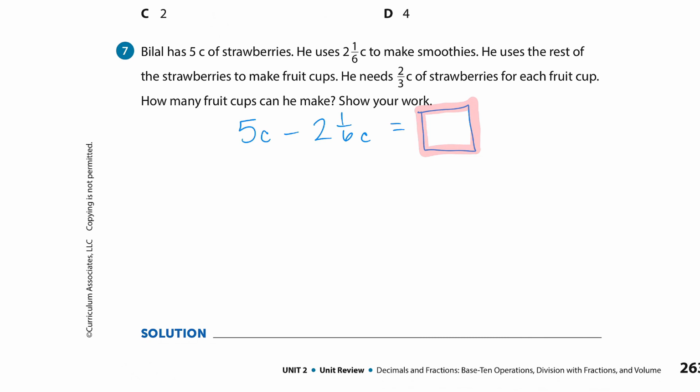Then it says he uses the rest of the strawberries to make fruit cups. So the rest of the strawberries is what you got in that red box. That's the answer you're putting here. And you're going to make fruit cups, so that means you're dividing by 2/3 because you're sorting that amount out into 2/3 cups of strawberries. Okay, so then you're just figuring that out to get your solution.